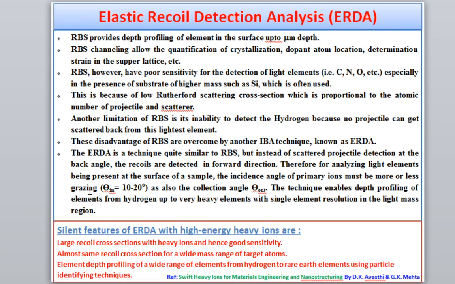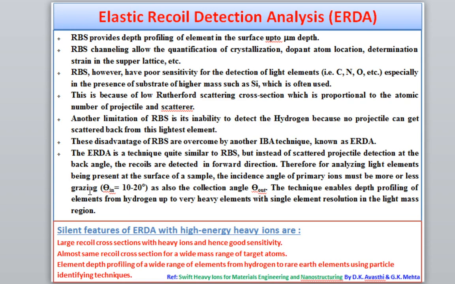This technique enables depth profiling of elements from hydrogen up to very heavy elements, with single element resolution in the light mass region. It means this technique can detect all atoms present in your target, from hydrogen to all the heavier elements. So we can say this is the advanced version of the Rutherford backscattering technique.